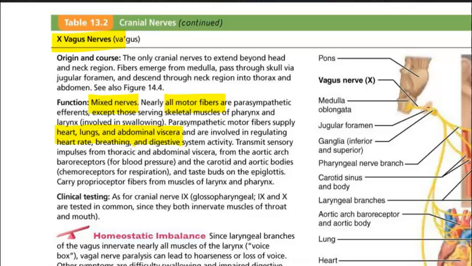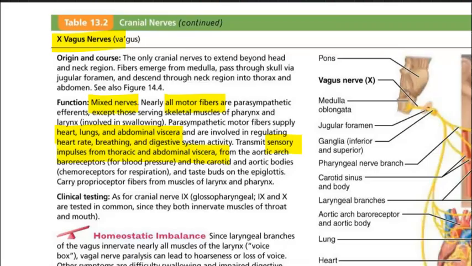Am I clear? And it transmits sensory inputs back from those organs to the CNS. Make sense? So it's a two-way road from the brain to the thoracic and abdominal organs and back. It's a huge nerve.